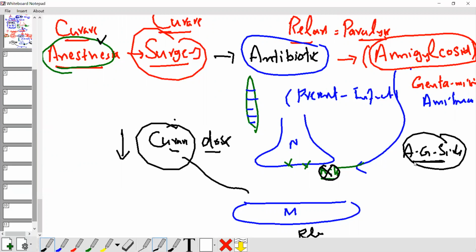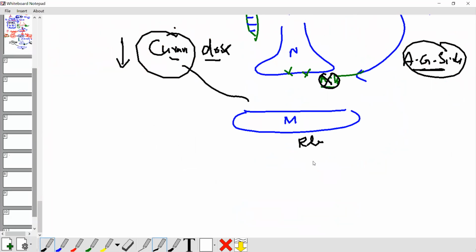Aminoglycoside can lead to very strong muscle relaxation, muscle paralysis for a longer duration. Okay, aminoglycoside also blocks acetylcholine. Understand? This receptor is already blocked by the Curare family. So if you decrease the acetylcholine, then what happens? Then the Curare drug can block the muscle for a longer time.